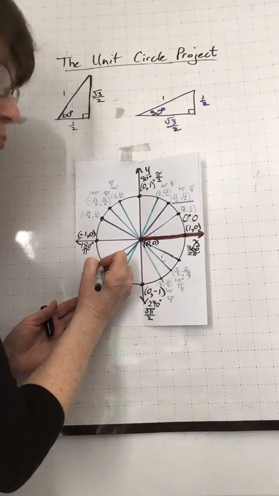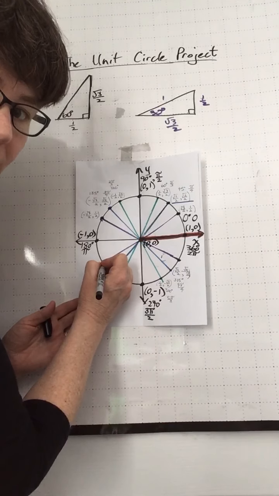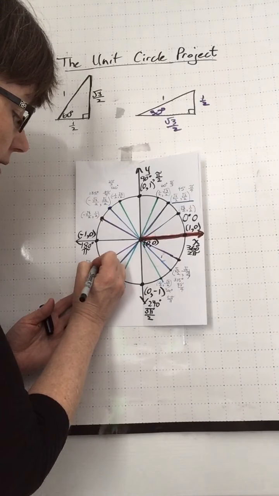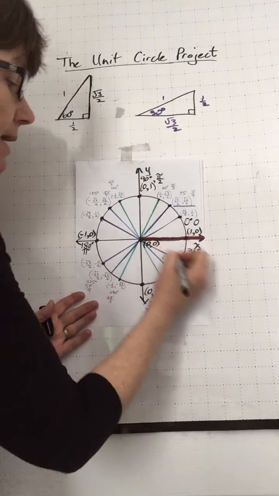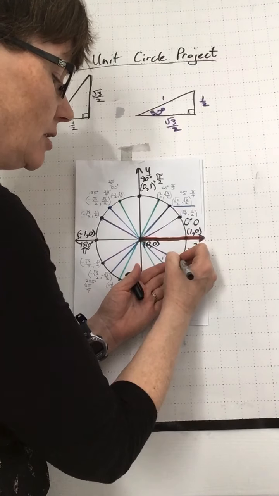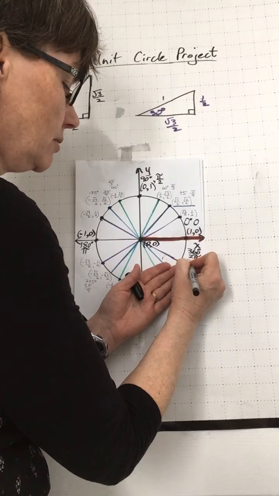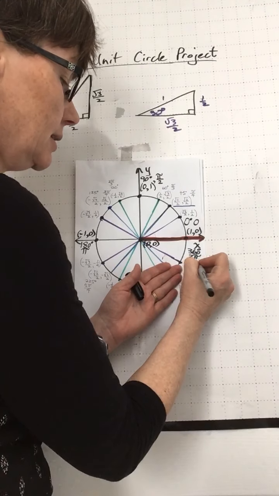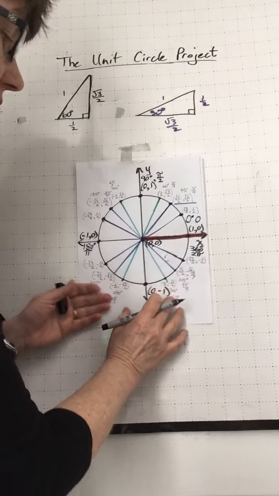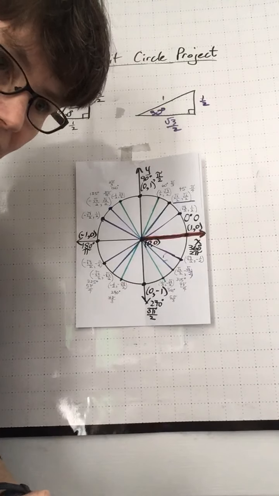Coming down here, both x coordinate and y coordinate will be negative, so negative √3/2, negative 1/2. And back over here, the longer side going in the positive x direction, so √3/2, and down 1/2, so negative 1/2 in the y direction. And there's all of your special places with the ordered pairs on your unit circle.